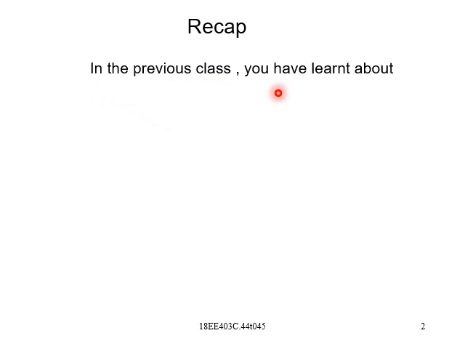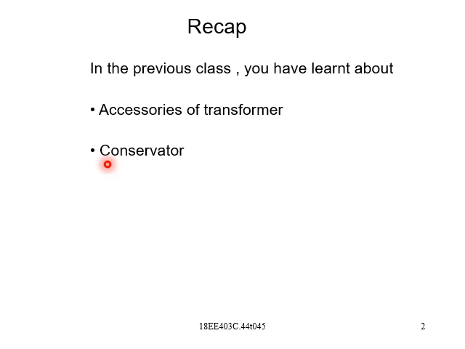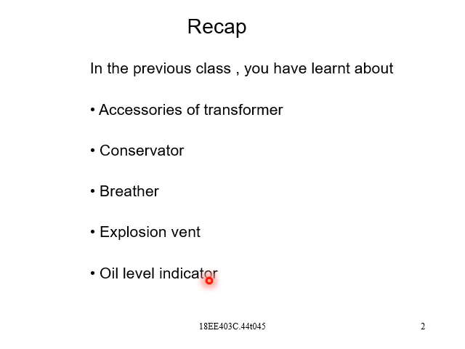So a small recap of the previous session: in the previous class you have learnt about accessories of a transformer, conservator, breather, explosion vent, oil level indicator. So all this kind of accessories we have learnt in the previous class.